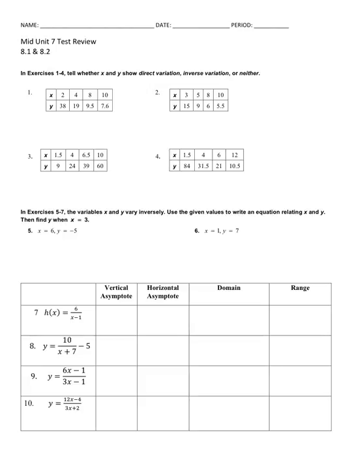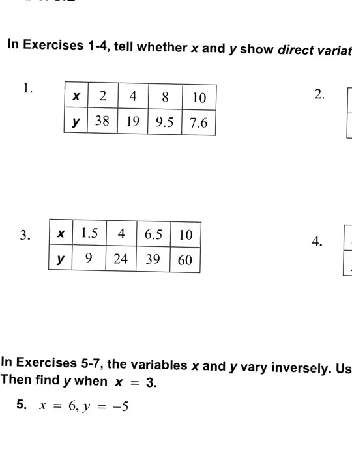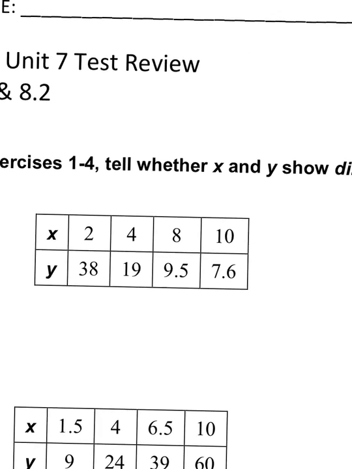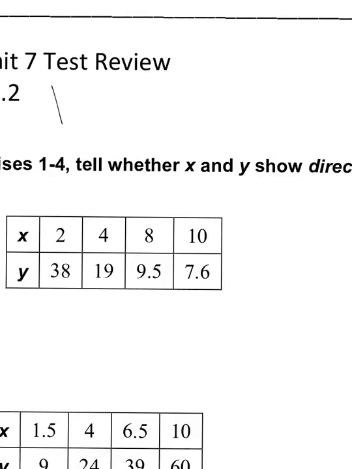Looking at these tables to start, we just need to determine if it's direct, inverse, or neither. So you have to calculate your constant of variation. If it's direct, then a equals y over x.